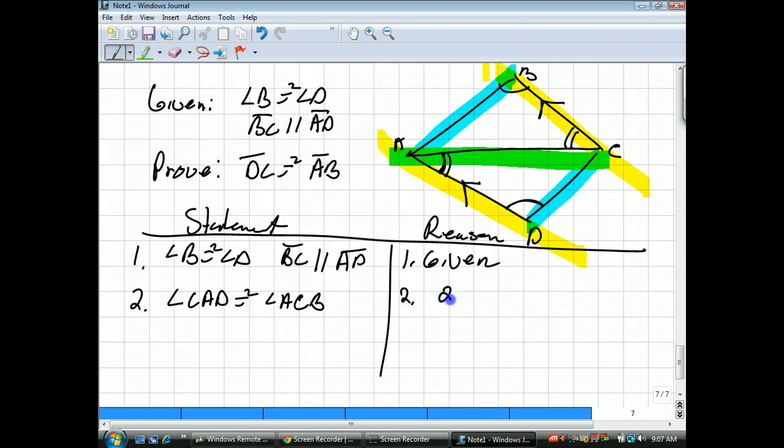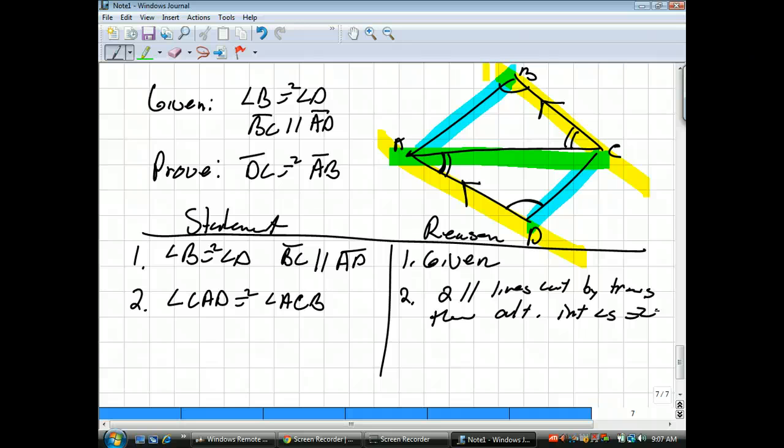And that is because two parallel lines cut by a transversal have congruent alternate interior angles. Okay? So notice now that I have two angles of one congruent to two angles of another.